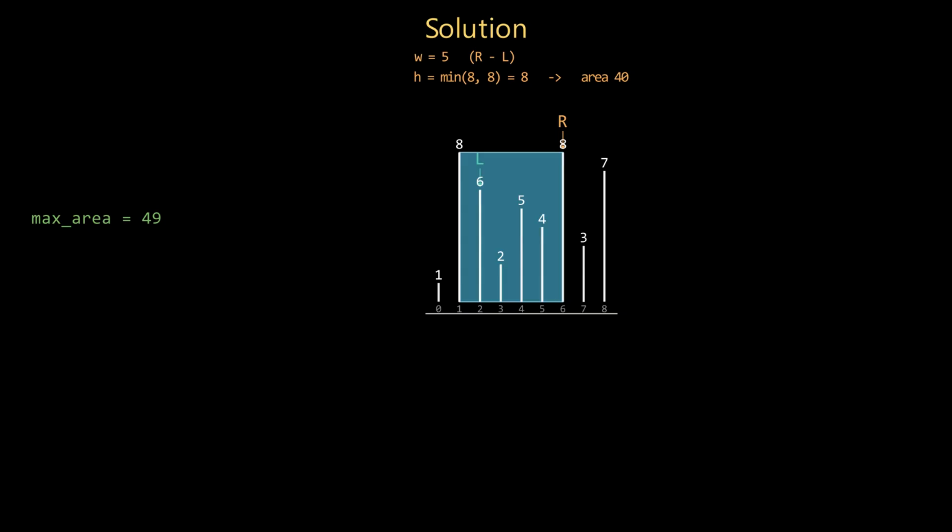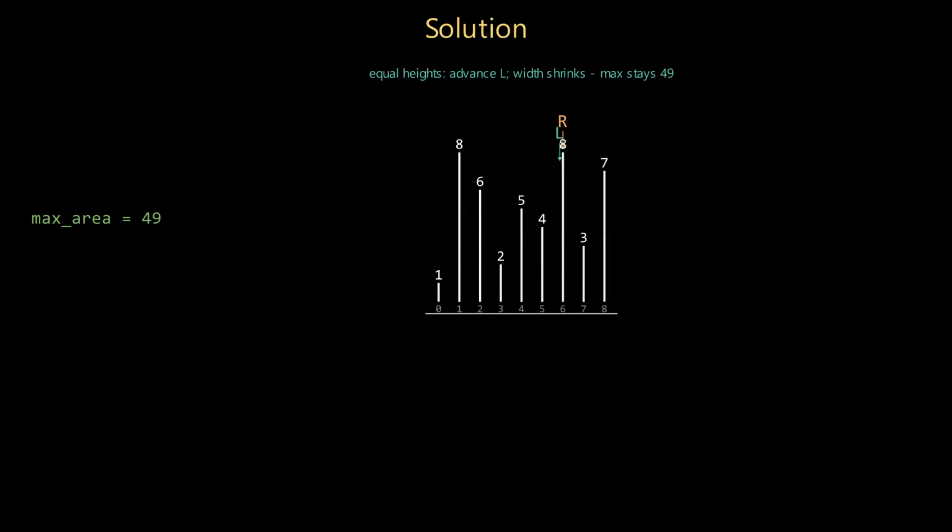Our record of 49 still holds. When both sides show height 8, we advance the left pointer and the window keeps shrinking. None of the remaining windows beat 49. When the two pointers meet, every promising container has been considered. The answer is 49.